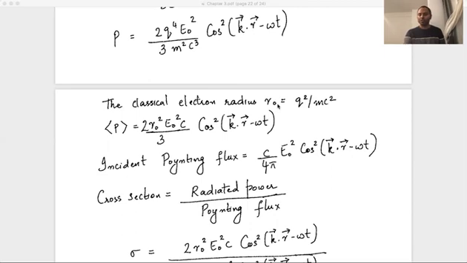It just so happens that the length scale which appears again and again in electromagnetic calculations is this length scale. It is the length scale where, if the electron had that size, its electrostatic potential energy would be equal to its rest mass.